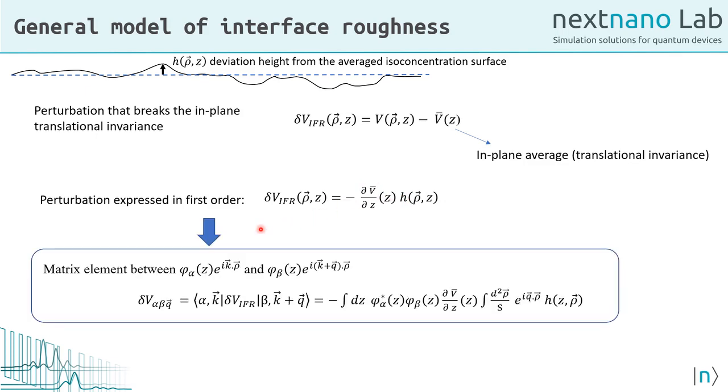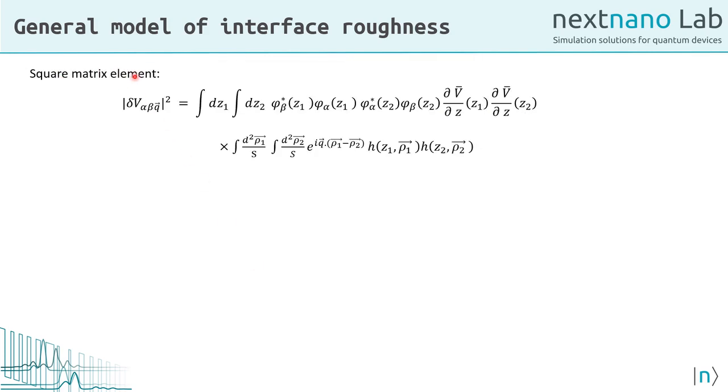And now if we plug this into the matrix element between two states alpha and beta, we are able to get such an expression. And from this, to calculate scattering, to calculate the square matrix element, delta V squared, which is given by the following expression. In this expression, we have a product between two height deviations, and so this is a 3D correlation function.